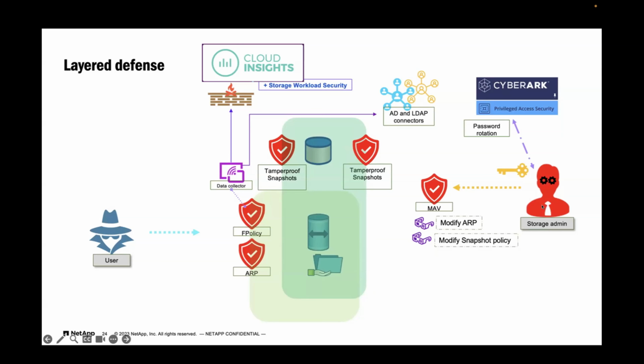But if a storage admin account is compromised, MAV will protect. Tamper-proof snapshots also offer protection, and in our case, we go further and integrate with CyberArk. So every single admin account across our clusters is managed. The password is rotated by CyberArk, and it's a privileged account.